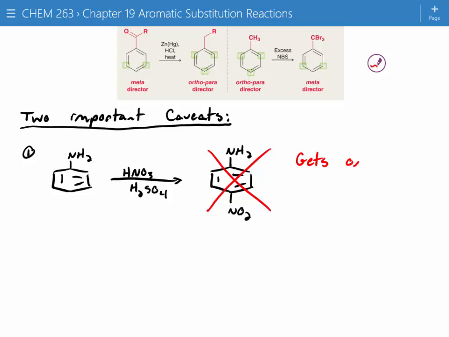It gets oxidized into a mess. Anilines are notoriously finicky. They tend to degrade. Even if you keep them in a bottle and they're around air for a long enough period of time, they'll degrade. If you're throwing in nitric acid, which is a very strong oxidant, it will just cause them to degrade before the nitration even occurs. So nitration doesn't work on anilines.